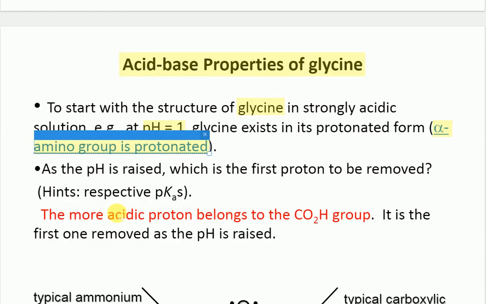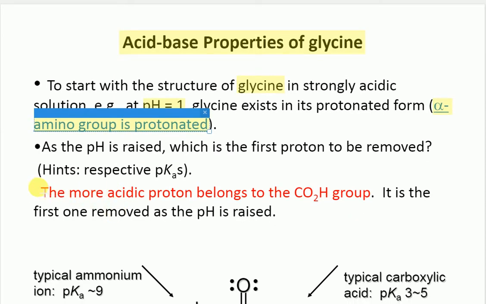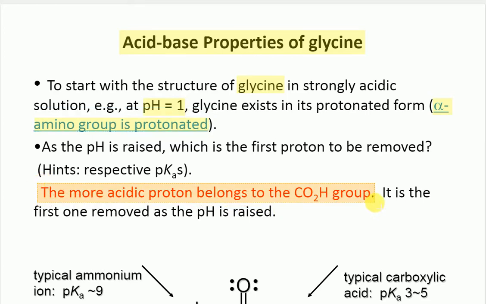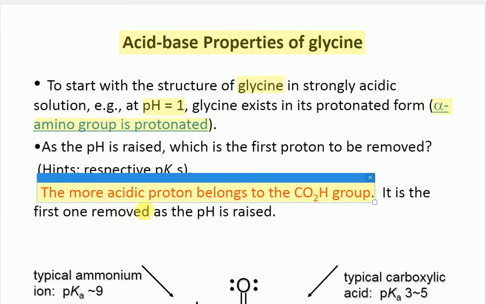hence the respective pKa's. The more acidic proton belongs to the CO2H group. It is the first one removed as the pH is raised.